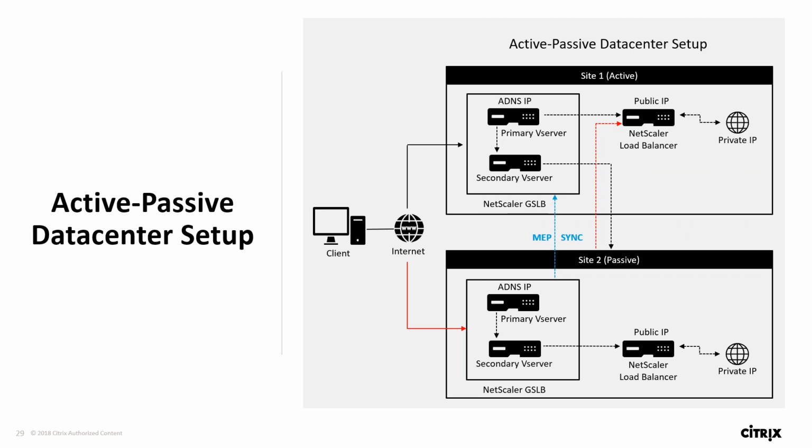In an active-passive data center setup, the only time traffic is sent to the secondary site is if the first site becomes unavailable. So if Site 1 goes down, Site 2 becomes operational. When the client sends a DNS request, that request can land at any of the sites.